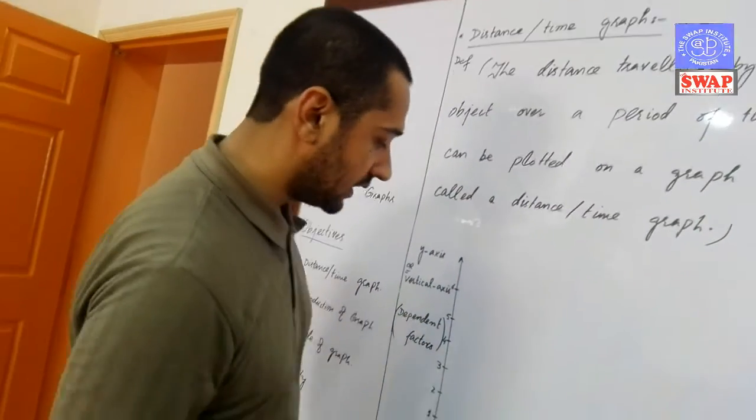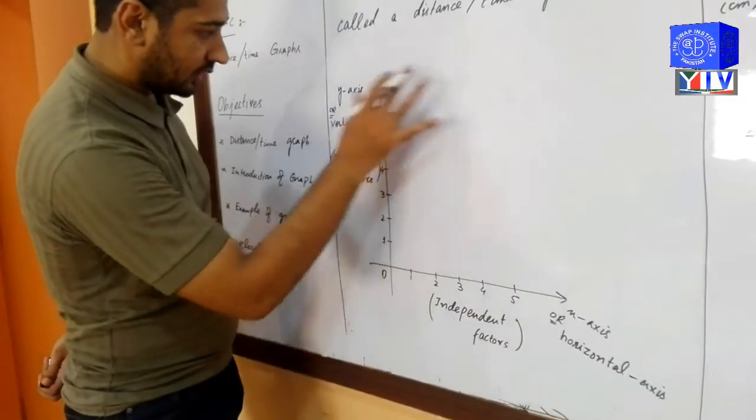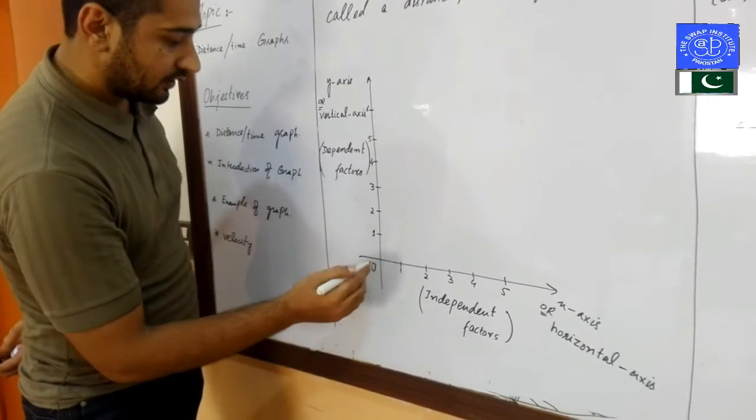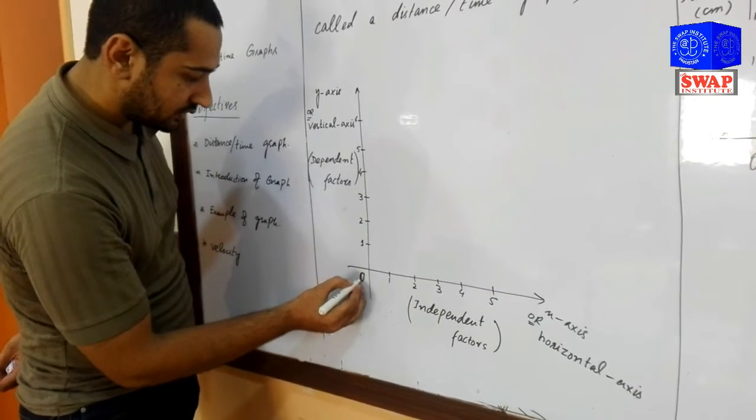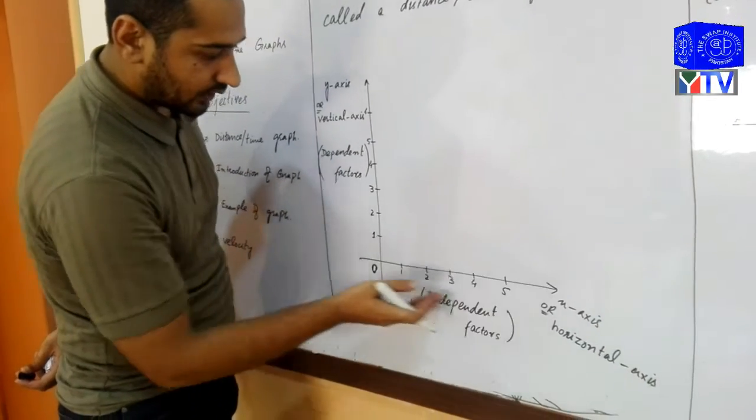time graph. Basically, this is the structure of any graph in the world, and this is called the origin, and these are independent factors.